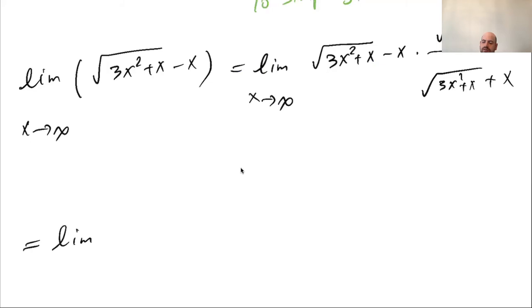So we'll have the limit of 3x squared plus x minus x squared, divided by root 3x squared plus x, as x goes to infinity. Now 3x squared minus x squared will be 2x squared.